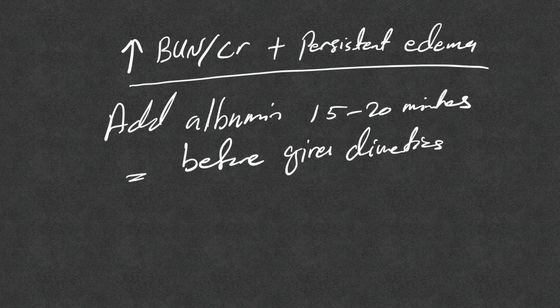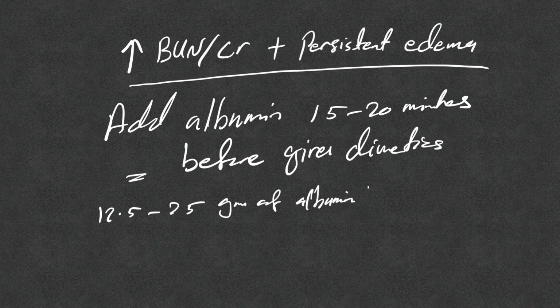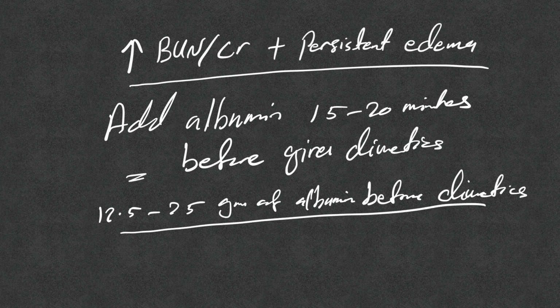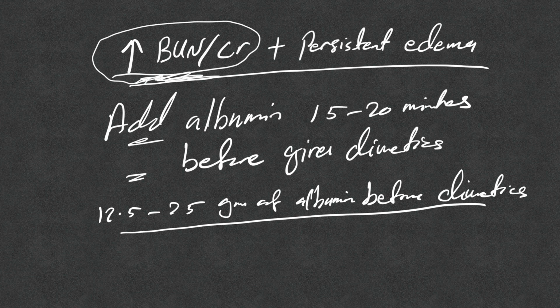So if I'm giving Lasix, I will tell them to give, let's say, for example, 12.5 to 25 gram of albumin before giving furosemide. And most of the time that helps getting the diuresis you need and keeps the BUN and creatinine stable or lower. And remember, you may need to look for other reasons. Maybe there is some interstitial nephritis from diuretics, or some other medication, or some antibiotics. So it's not always related to that.